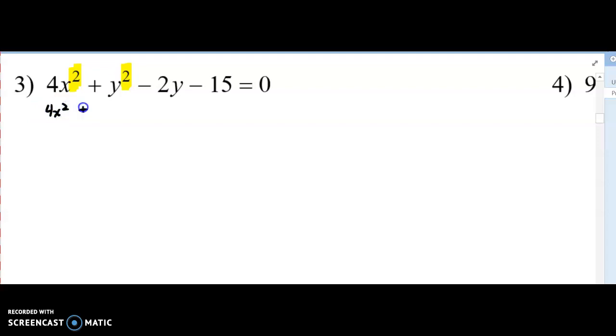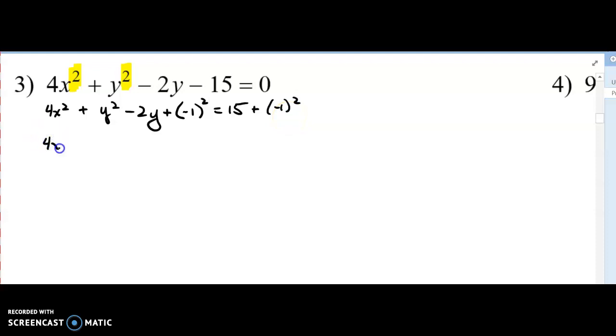So I have 4x squared plus y squared minus 2y plus, I'm going to take half of that negative 2 and make it negative 1. Notice how half of negative 2 is negative 1. That's important. 15 goes to the other side. I just added 15 to both sides. And then I'm going to add my negative 1 squared also on the right. If it's on the left, it has to be on the right.